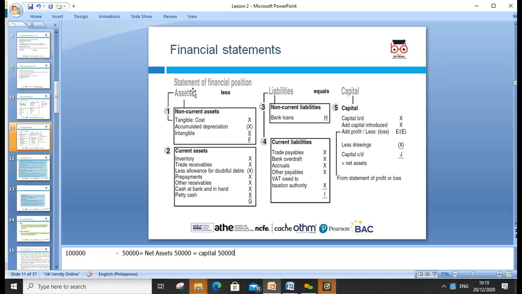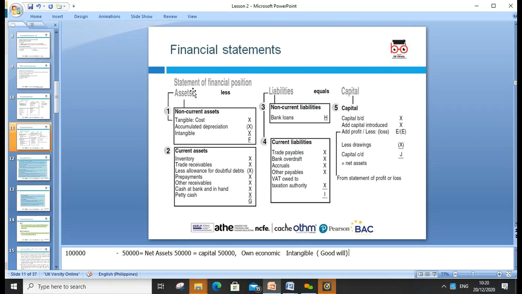Okay, non-current assets means long-term assets, like buildings, plant and machinery. An asset is anything you own that has economic value, anything that will bring future economic benefit. Tangible assets we can see; intangible assets we can't see, like goodwill, reputation and brand, think about the Nike brand.